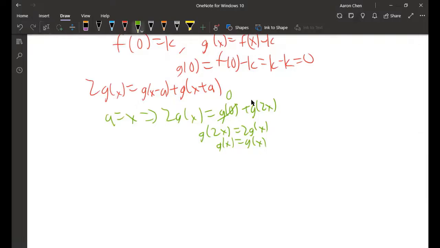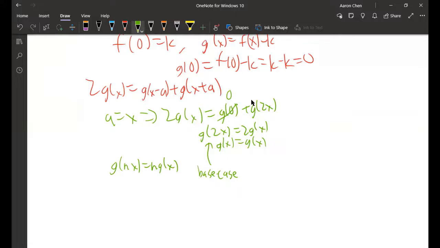And so now we want to induct and show that g of nx equals n g of x for all integers n. And so the base case is simply the one already shown for the 2 case, or the 1 case.